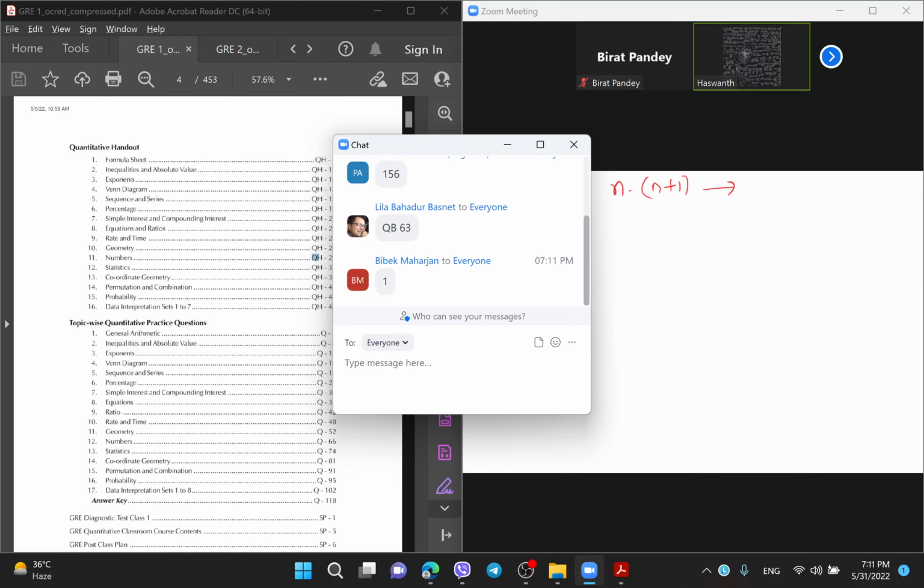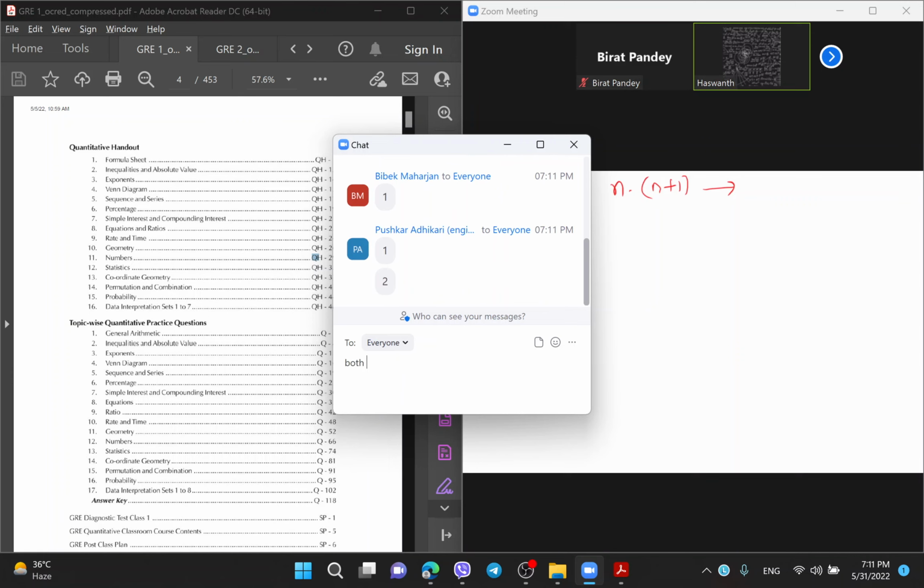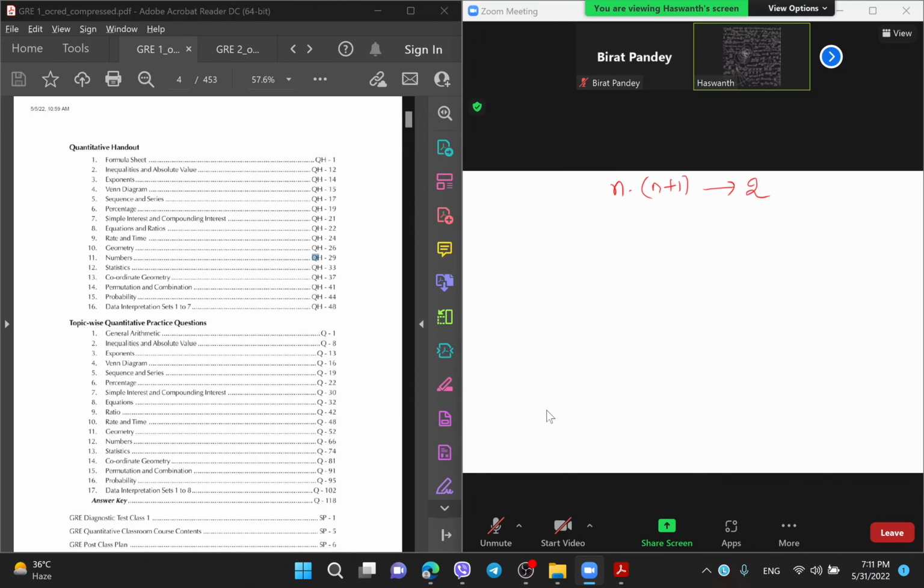One will definitely divide. One will divide any integer. Then 2. It will be 2. Because one will divide any number, we are looking at some other higher number, 2. Because if you take numbers, they will be like even, odd, even, odd, something like this.